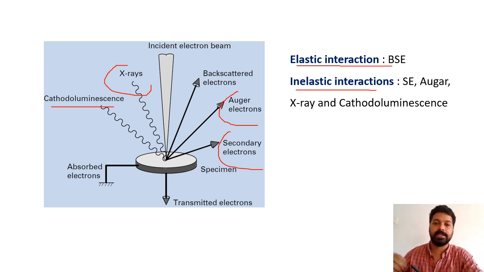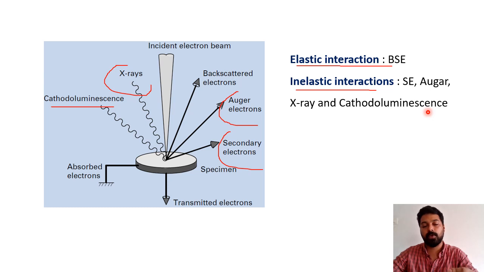It is called inelastic interaction because when the electrons fall on the specimen, I told you, these electrons can ionize the specimen, and by this ionization or some chemical process, there will be some ejection. Secondary electrons, auger electrons, X-rays and cathodoluminescence are all inelastic interactions.